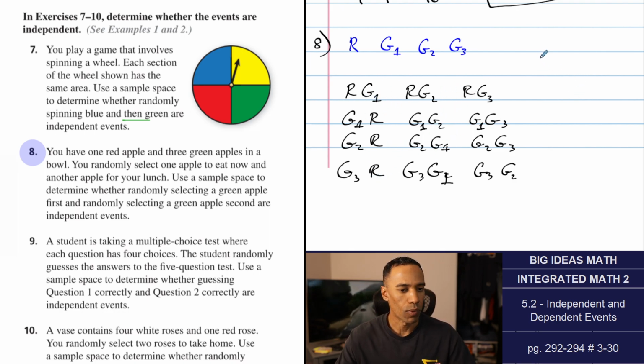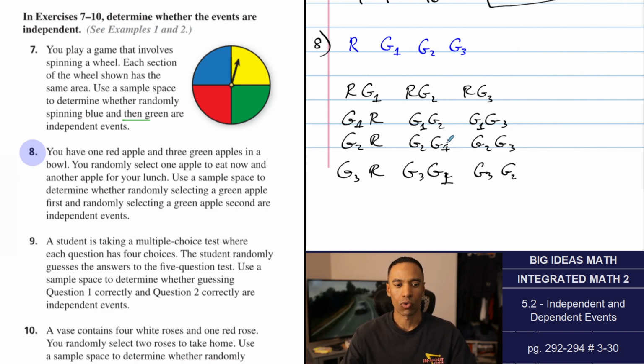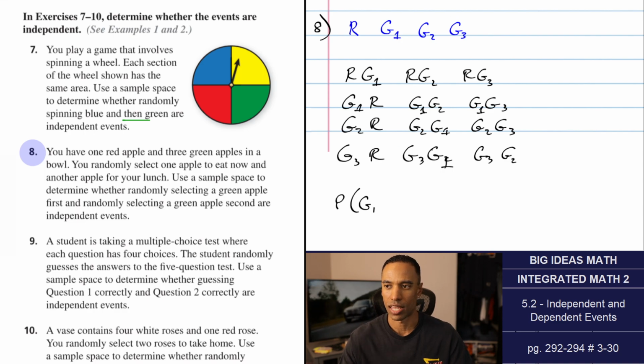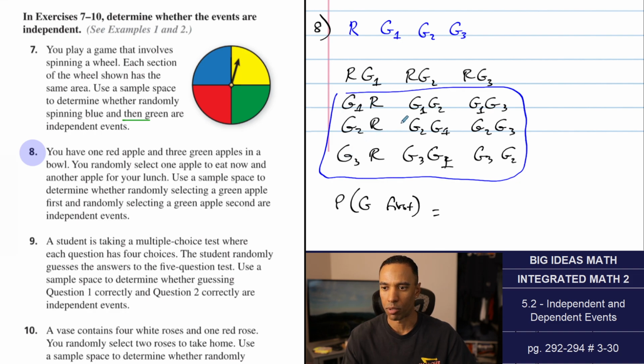The probability, what did they say? A green apple first and a green apple second. Let's see what that is. So the probability of green first is what? Out of the 12, there are 9 different ways that a green apple can be selected first here.